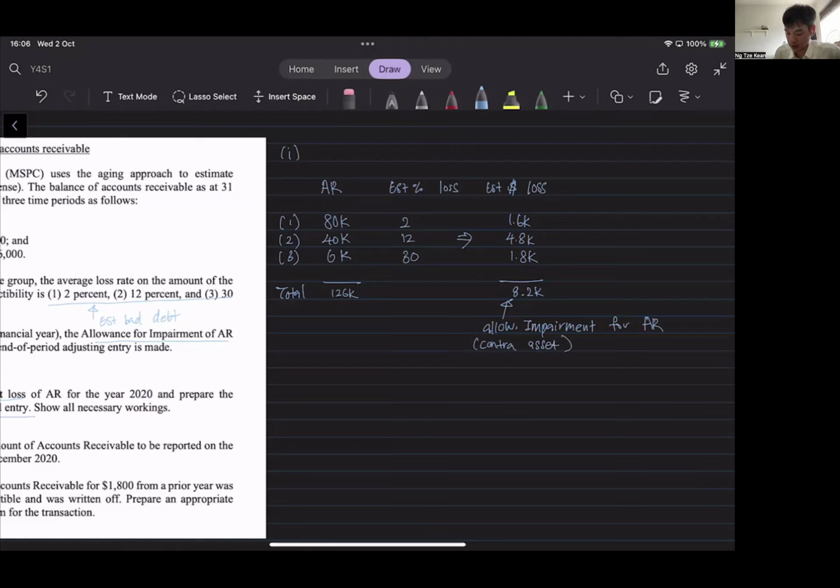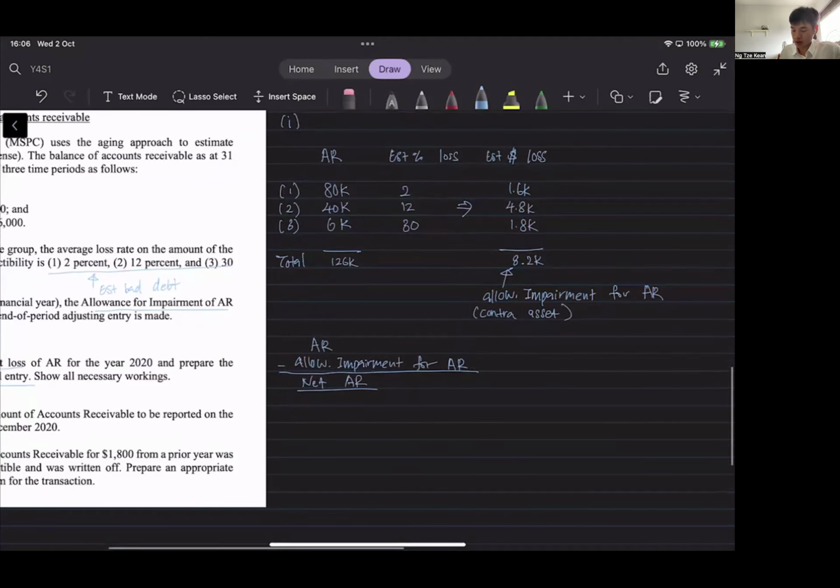And it contrasts the AR. So we have AR, we have the allowance for the AR, and if we look at net AR, this is how this allowance would work.